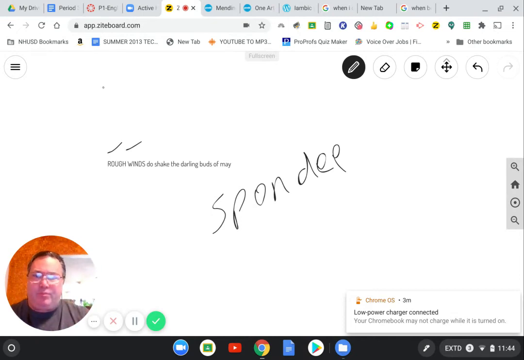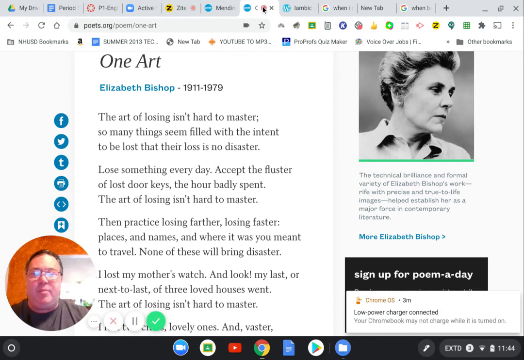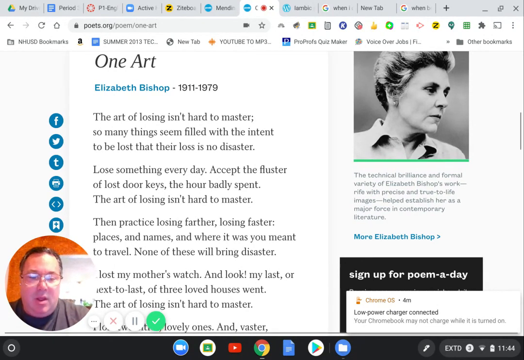Now, let's find another example of exceptions in One Art by Elizabeth Bishop. Wait, this is iambic pentameter? Yes, it is. Look at this second line. So many things seem filled with the intent. But she has a lot of exceptions all at the end.